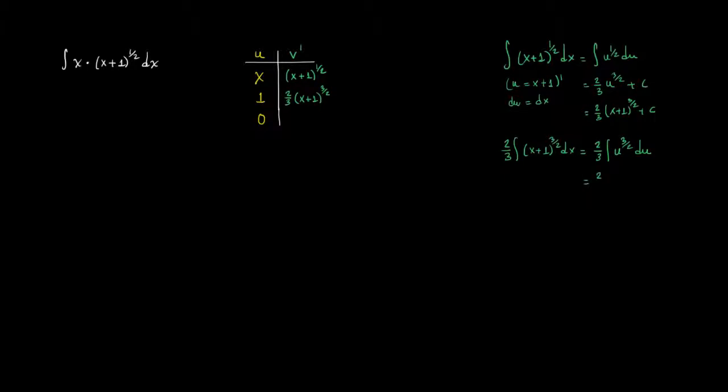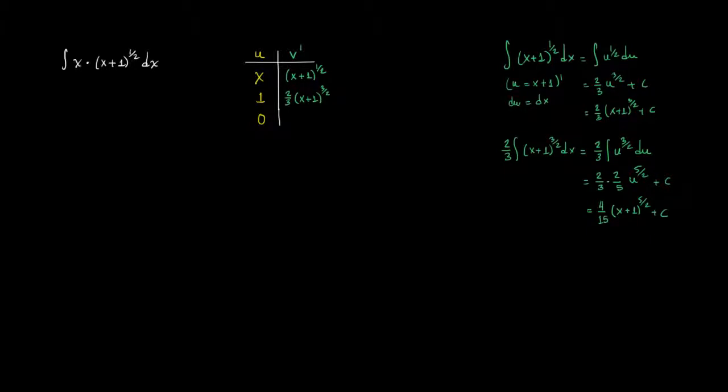We take this antiderivative, and it's 2 over 5 times u to the 5 over 2, plus c. And so it would be 4 over 15 times u to the 5 over 2 plus c.